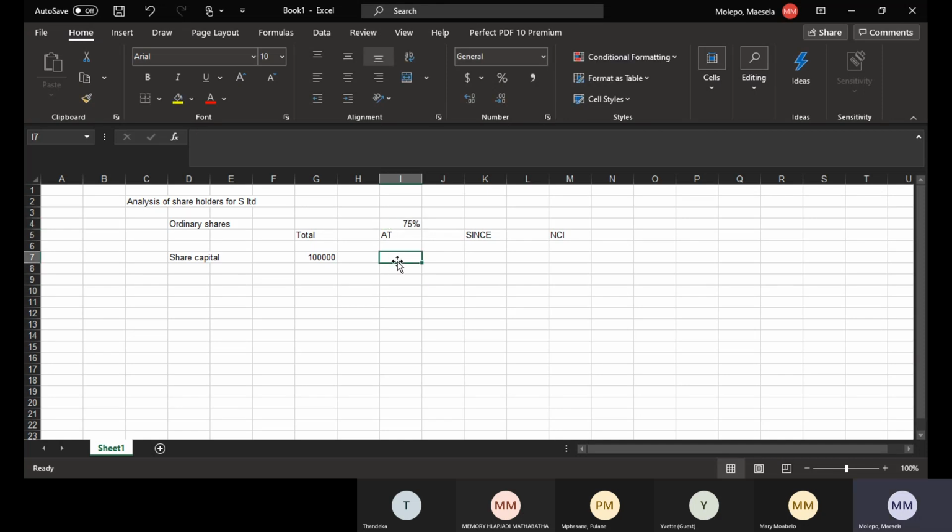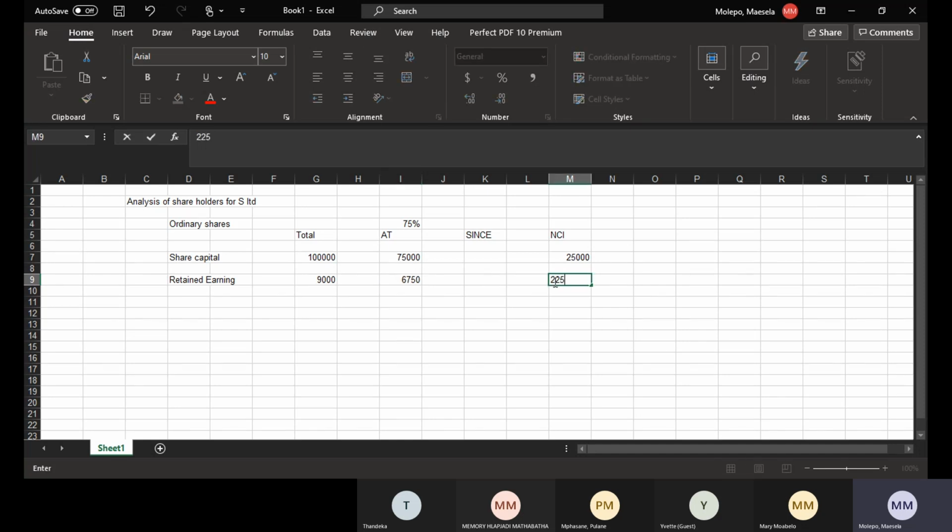Then it means here it will be 75,000, and the remaining 25% will go to the NCI. Then the retained earnings on the date of acquisition, as per adjustment number 1, they said the retained earnings was 9,000. Then we do the 75% of each, which will sit at 6,750, and the remaining balance will constitute the NCI.